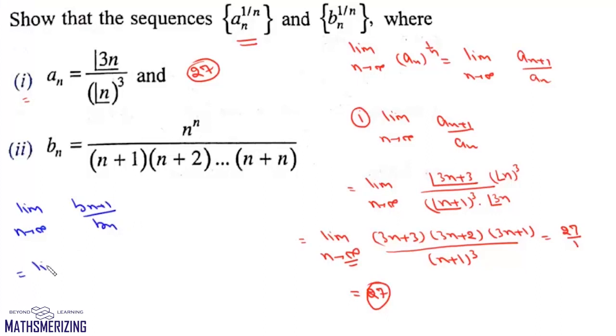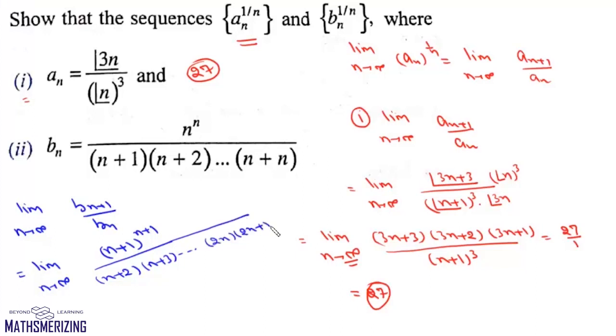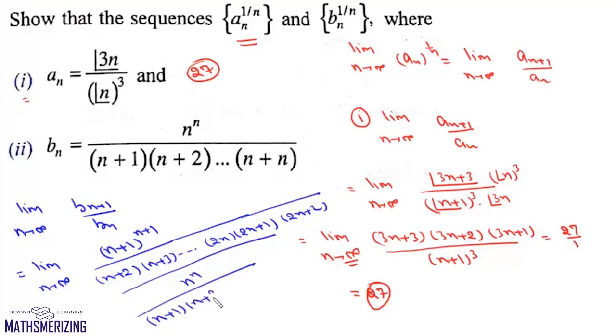Now bn plus 1 is n plus 1 to the power n plus 1 upon n plus 2, n plus 3 up to 2n, 2n plus 1, 2n plus 2, divided by bn, and bn is n to the power n upon n plus 1, n plus 2 up to 2n.